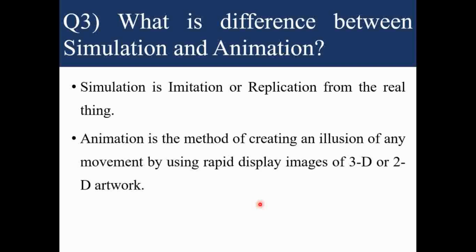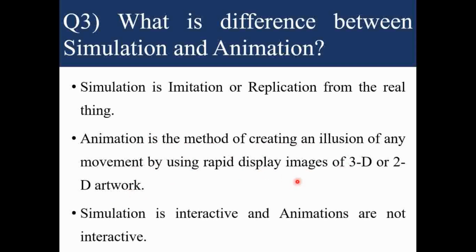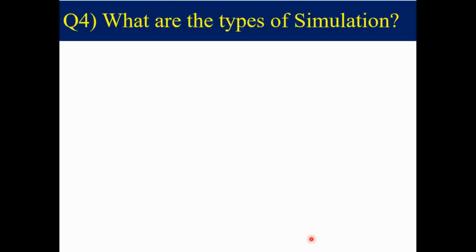Animation is the method of creating an illusion of movement by using the rapid display of images of 3D or 2D artwork. Or in other words, simulation is interactive and animation is not interactive. While doing the simulation we can make changes and see the difference in output. But once the animation is done, we cannot make changes in that.